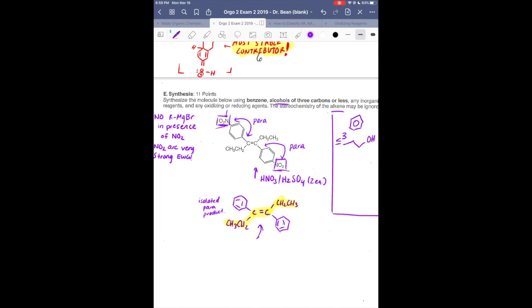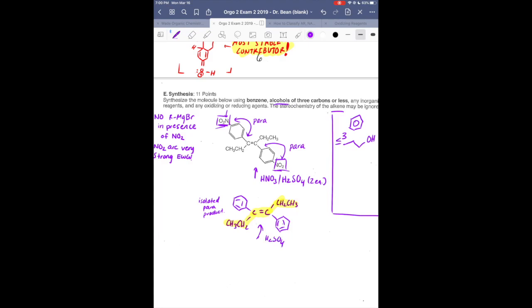That's helpful because now you don't have to do a Wittig reaction. You don't have to do reduction of an alkyne to get the alkene, with the dissolving metal route, you don't have to do that.